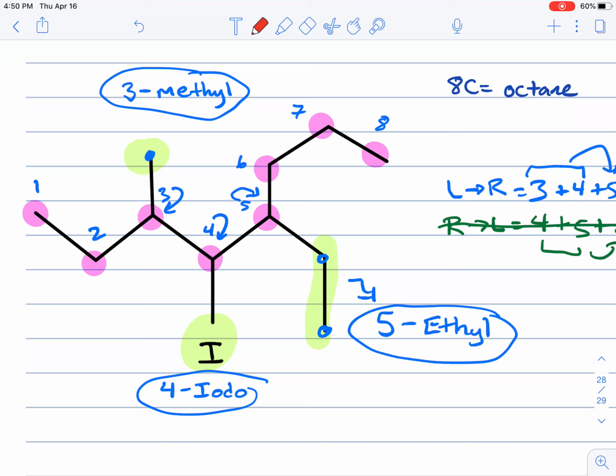So we need to figure out which one comes first. So here I have E, I, and M. And since E comes early in the alphabet, this is what we're going to write down first, then second, then third. And then after you've written all of that down, you're going to write the parent name at the very end.